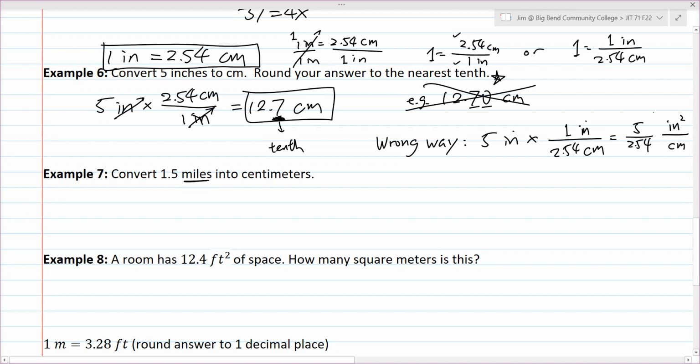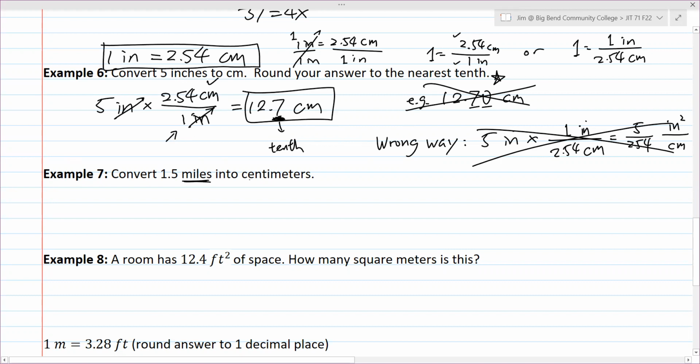You do not convert a unit, but instead you make the unit set more complicated, which makes no sense at all, because we want to make sure the desired unit remains. So that is the reason we have that right form of the fraction. Okay, think about it. Then we can move on, right?